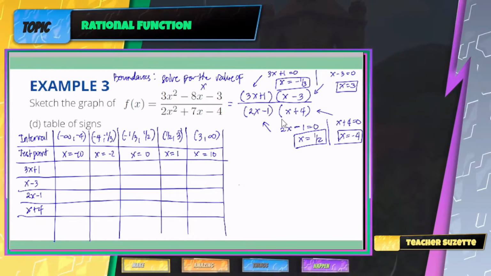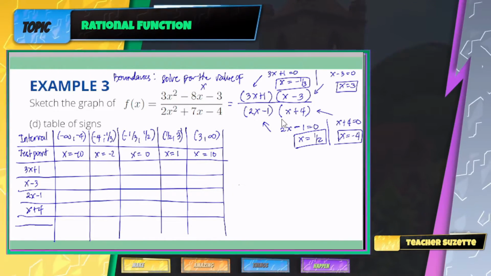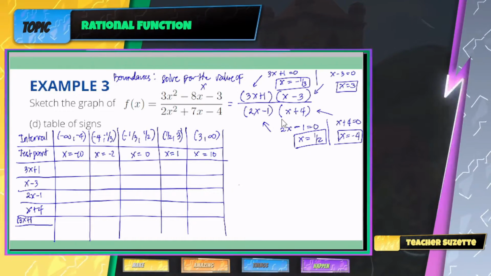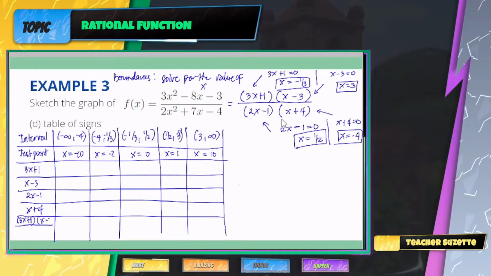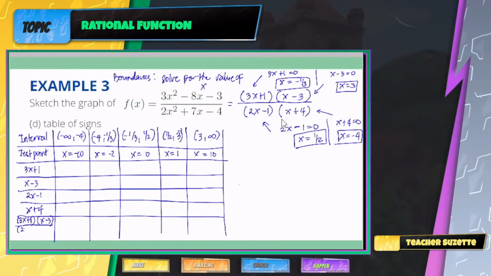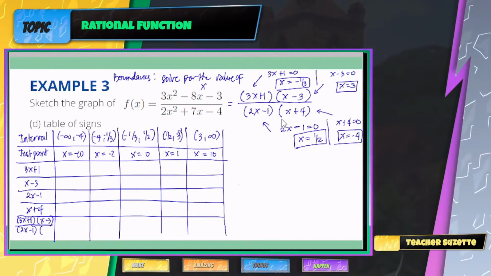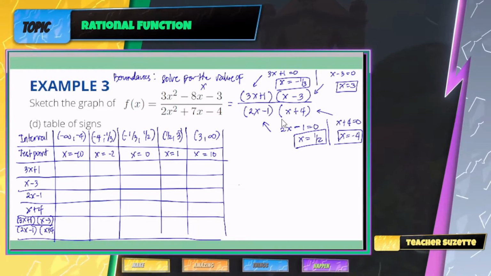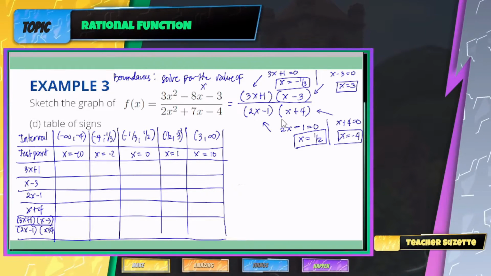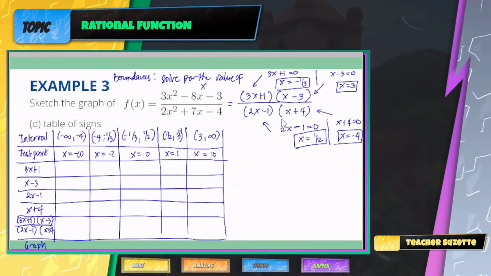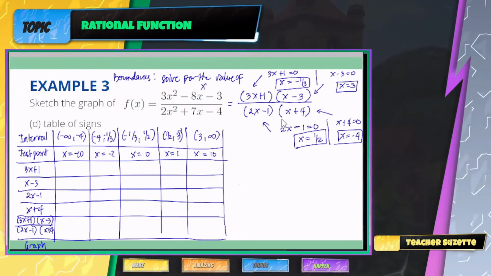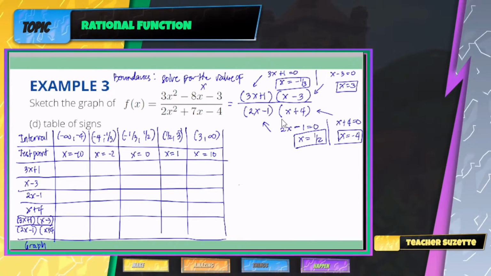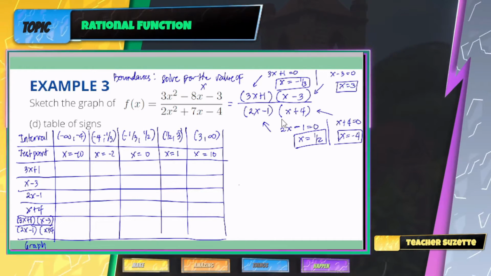Now, yung function po natin na 3x plus 1 times x minus 3, then over 2x minus 1 times x plus 4. Then, sa pinakadulo niyan, after natin makuha yung mga signs, we can now describe kung ang ating graph ba is above x-axis or below x-axis. So, pagka above siya, positive siya.